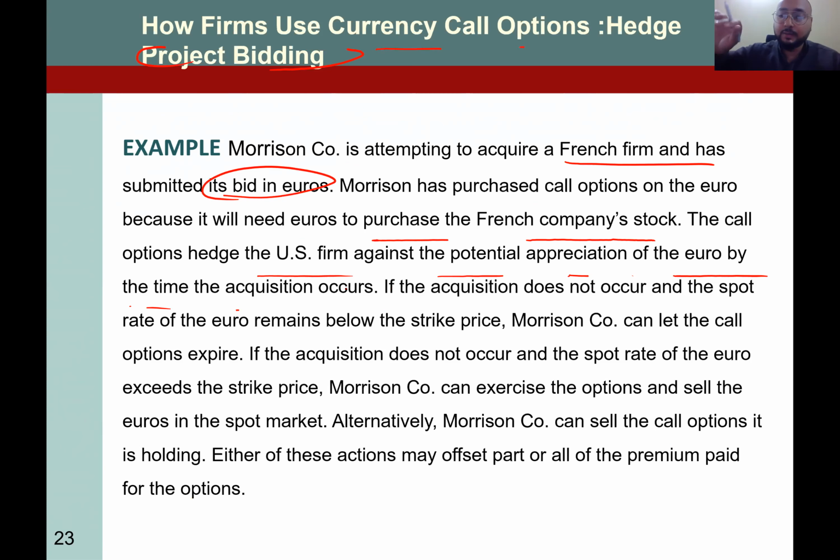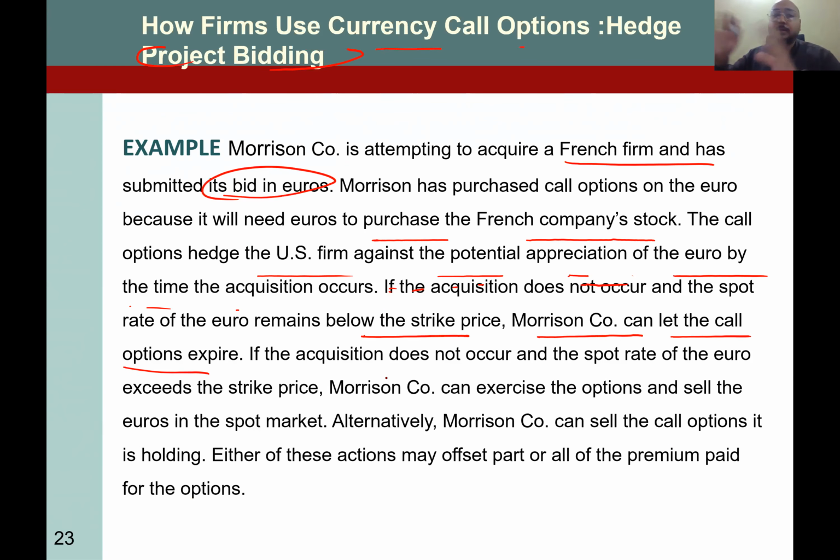Because they want to purchase a French firm, they need euro. So they are worried that when they convert their dollars into euro, the euro will appreciate. So they buy a call option. So if the acquisition does not occur, right, and the spot rate of the euro remains below the strike price, Morrison lets the call option expire.